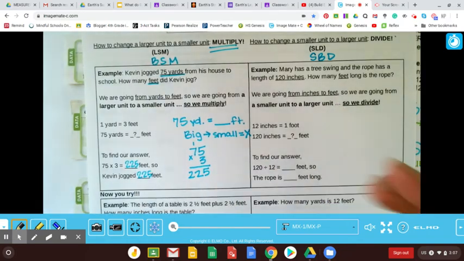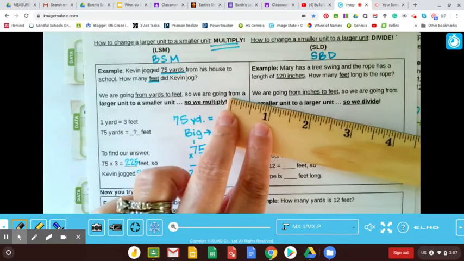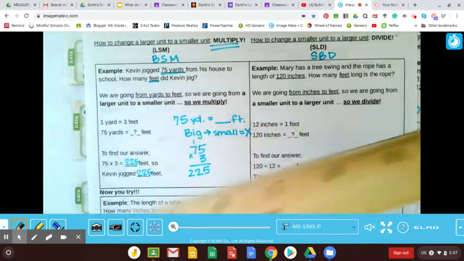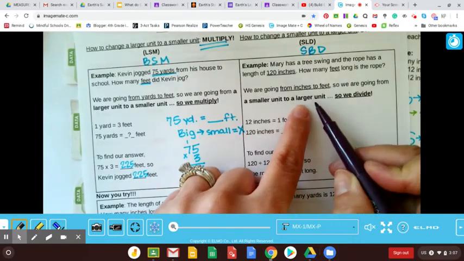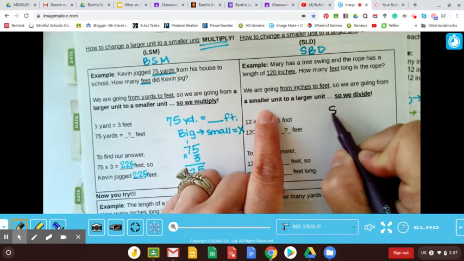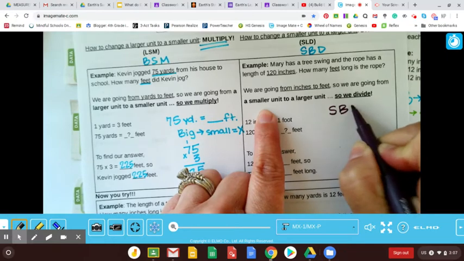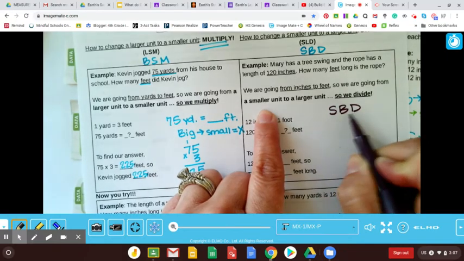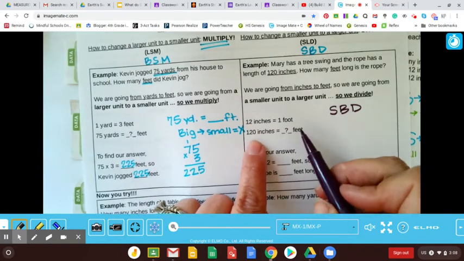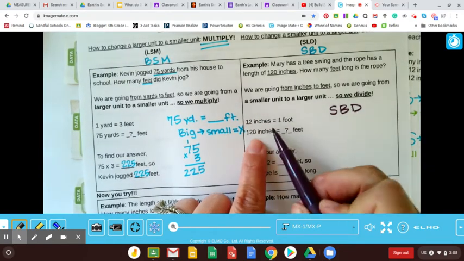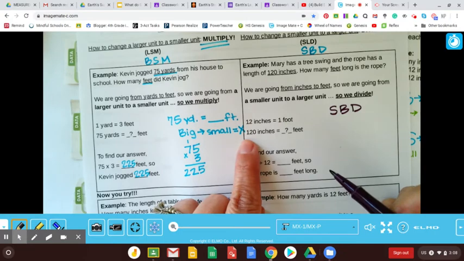The little tiny ones, this is an inch, right? To the bigger one, the feet. So when we go from smaller to larger, we divide. SBD, small babies dancing, right? Small to big, divide.